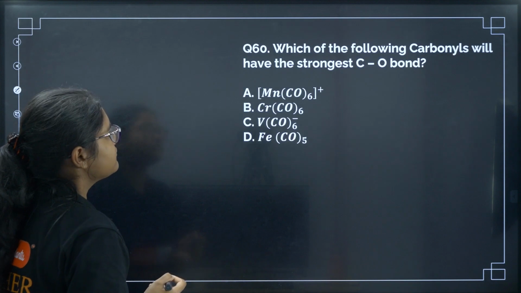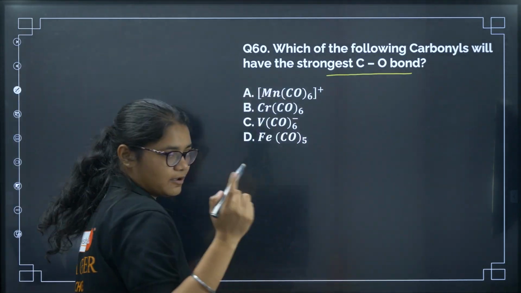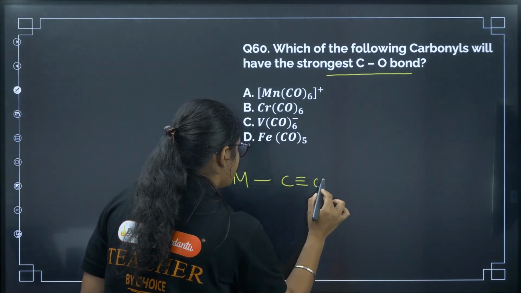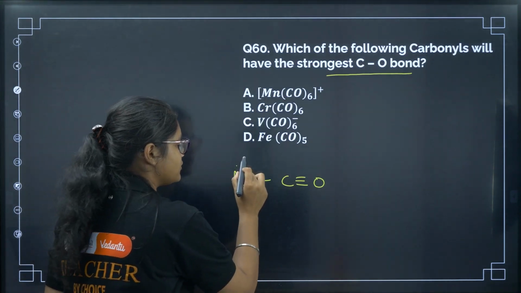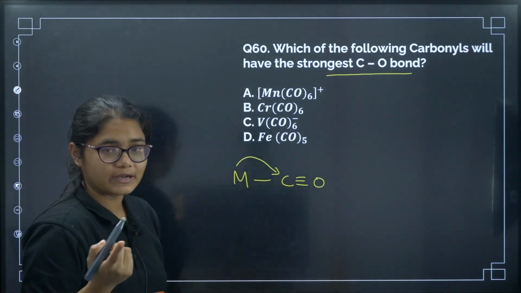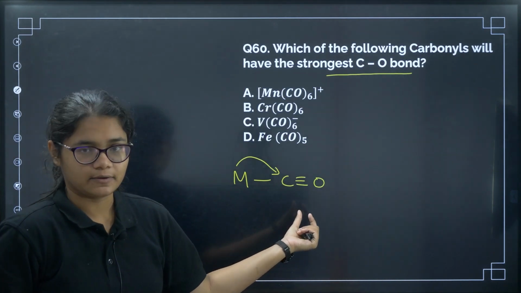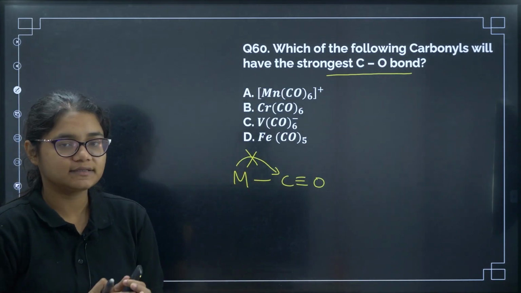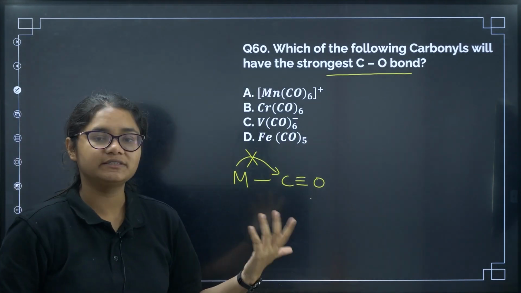Next one. Which of the following carbonyls will have the strongest CO bond? So here you have to understand that if there is a metal-CO bond like this, and the metal can donate electrons, then electrons are donated into the empty pi star orbital of CO and the bond becomes weaker. So if the tendency of the metal to donate electrons to CO is less, then the CO bond will be stronger, right?